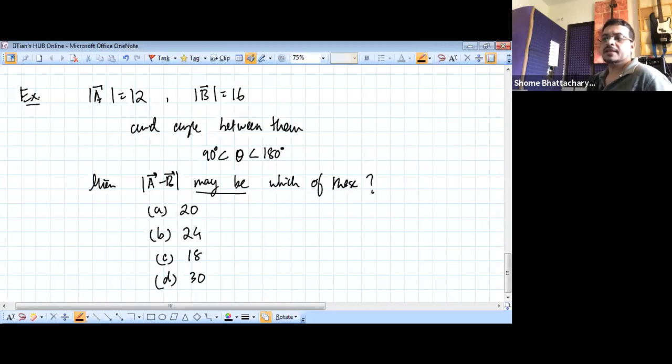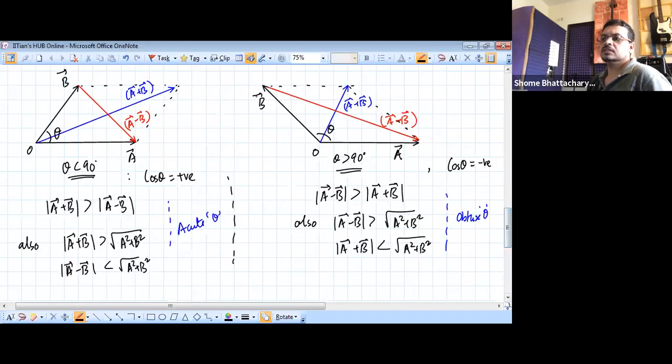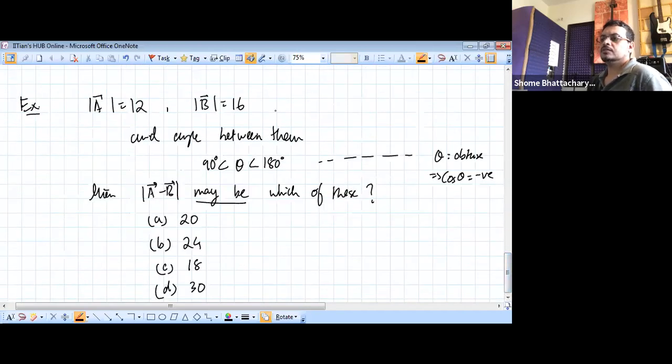No Aman, think again. A minus B is asked and theta is obtuse. See here, theta is obtuse, na? That means what? Cos theta is negative. Okay. So basically, if you go back to this, you can understand that it's this case. So mod of A minus B is actually greater than root of A square plus B square. Now you can see here that the root of A square plus B square is how much?